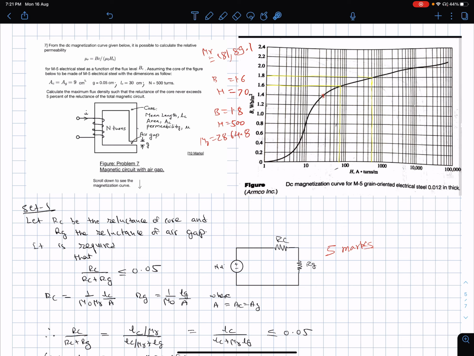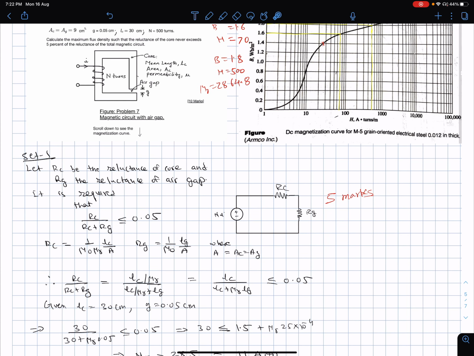You have Ni applied as MMF, expended across Rc, the core reluctance, which is in series with Rg, the air gap reluctance. Now what is required is the reluctance of the core divided by the total reluctance Rc plus Rg should be less than or equal to 0.05, because 5% should not be more than 5 by 100, which is 0.05.